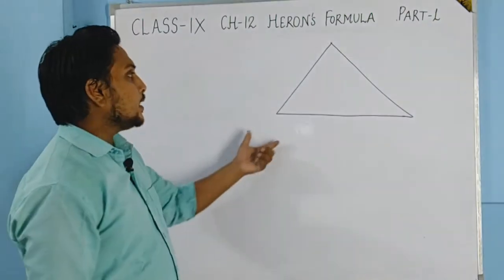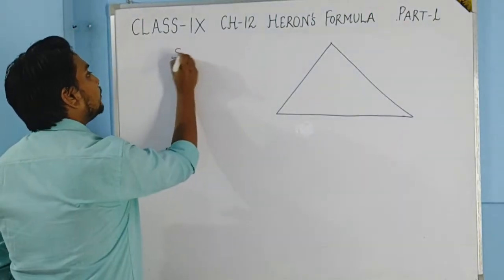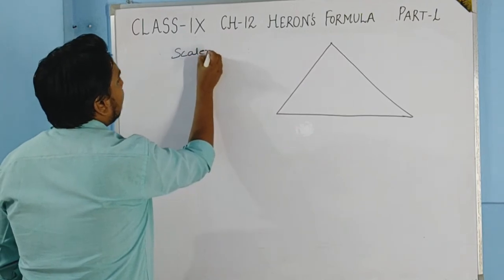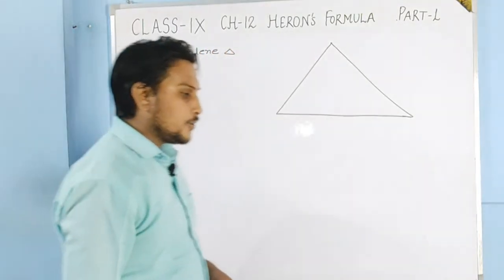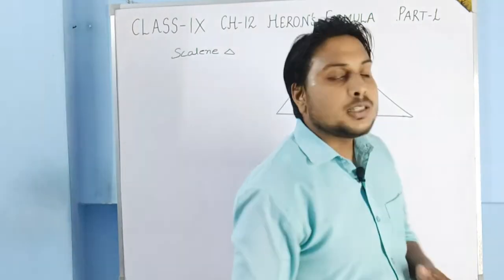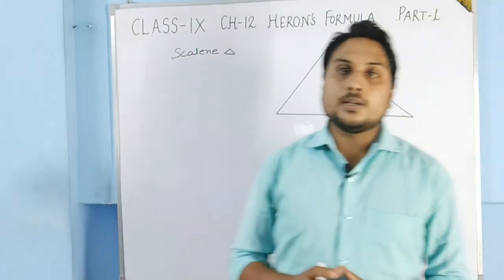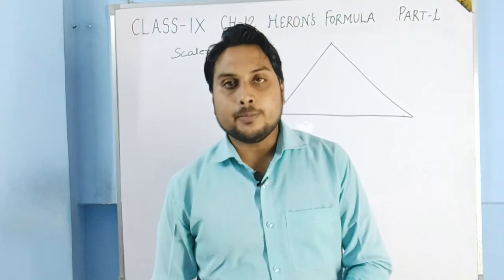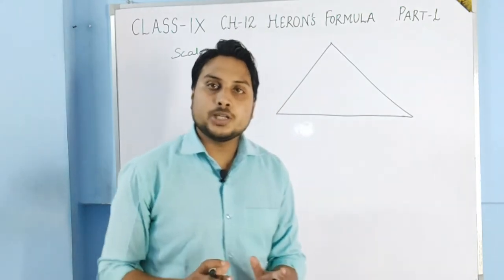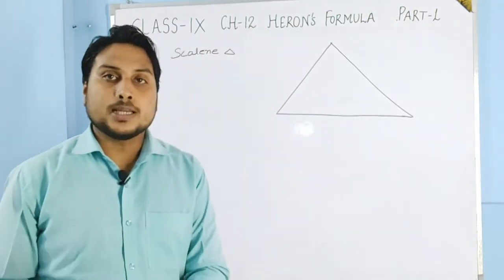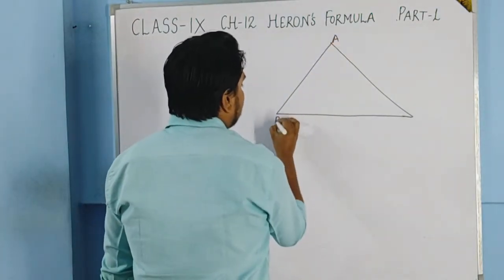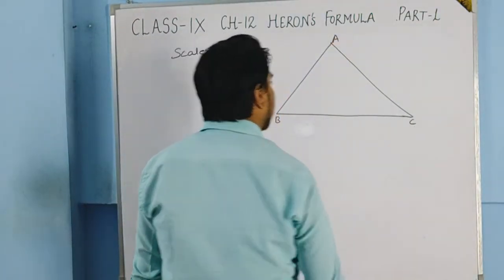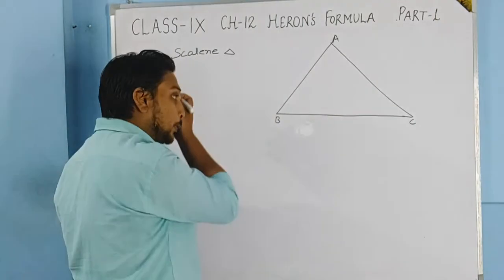This is a scalene triangle. Heron's formula is the general formula that you can apply for any type of triangle, the condition being that all sides are given. So basically for a scalene triangle we use Heron's formula.